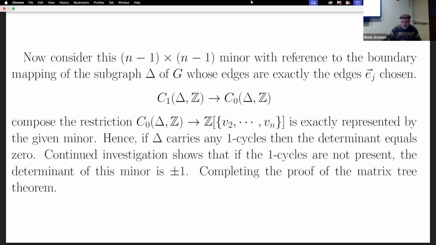And as I say, it has analogs for higher dimensions also, but with more complicated coefficients coming in. Fortunately, in the case of graphs, you measure the trees just with +1 in the case of the Kirchhoff matrix, or plus or -1 in the case of the mesh matrix. And for cell complexes, it gets more complicated. There are more numbers that come into the calculation.